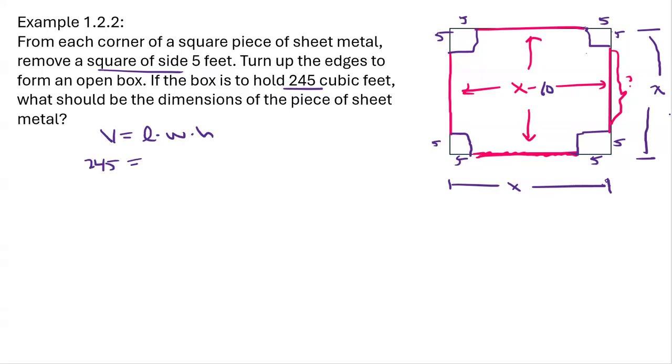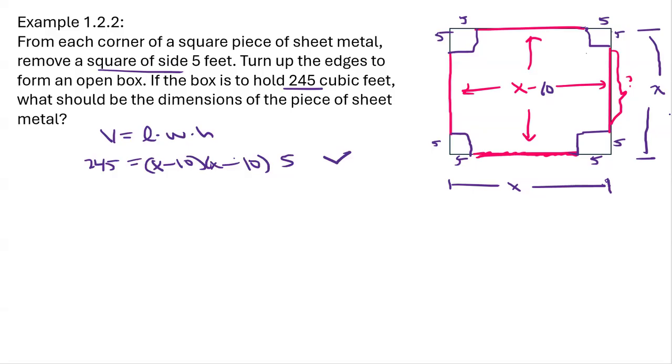So the length and width is going to be x minus 10 times x minus 10, times that by 5. Again, as I mentioned before, this is the hardest part for students to come up with. So you should have two of the same factors. The volume is always given to you, and then what the height is.